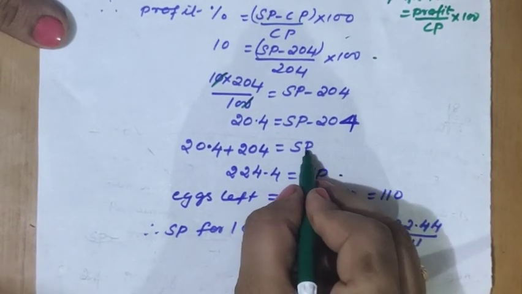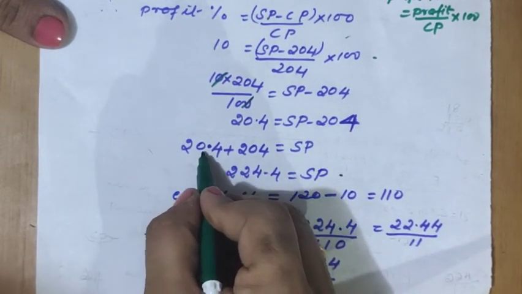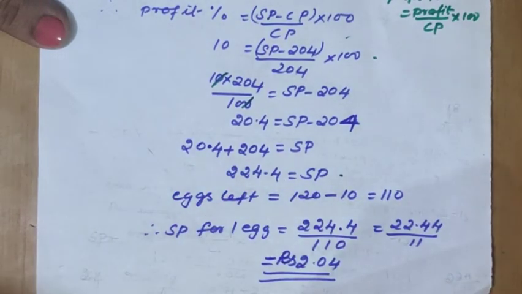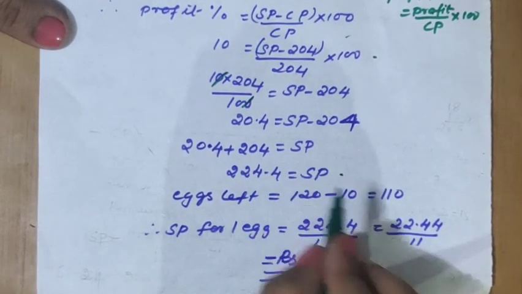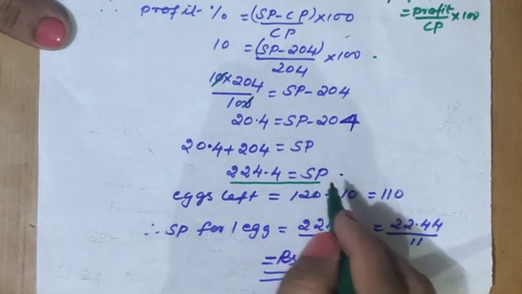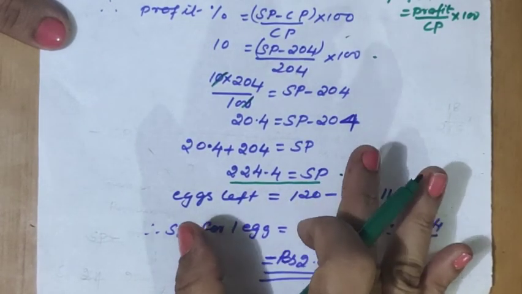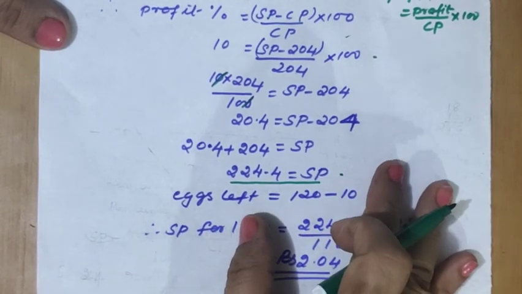I'll keep SP on this side, and 204, because it has a minus sign, I'm taking to this side, and it will be positive. So 20.4 plus 204 is equal to SP, that is 224.4. Now we got the SP as 224.4. This is the SP he should get when he wants to make a profit of 10%.